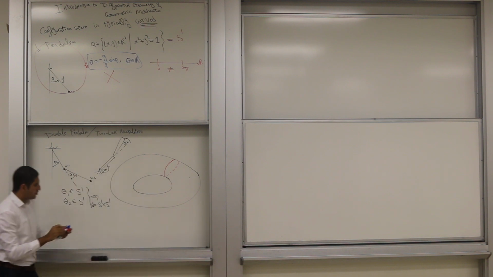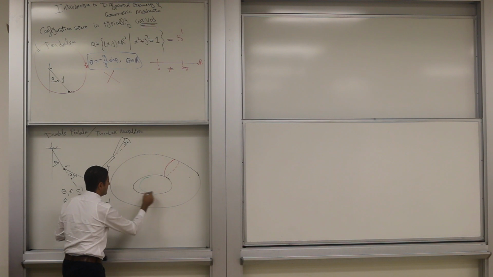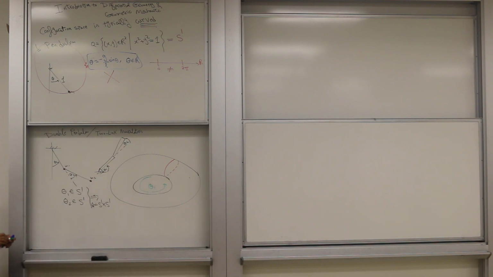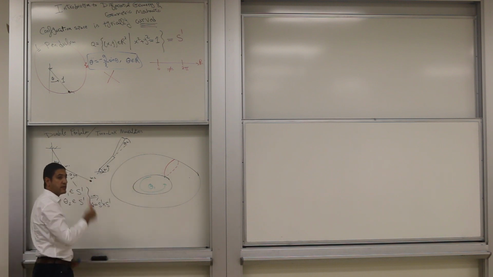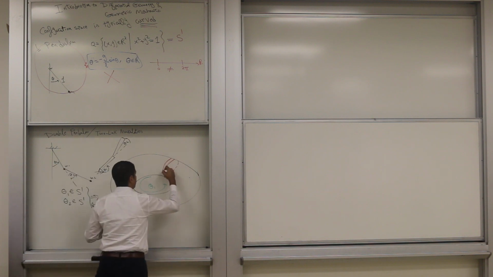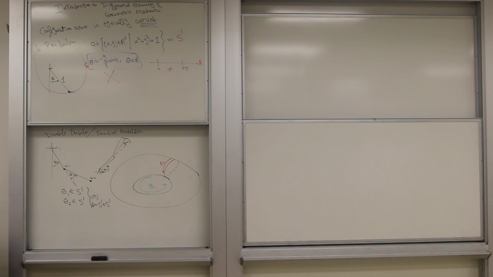It's a donut shape. Theta 1 varies along this inner circle, and at any particular value of theta 1, say this one, theta 2 varies along another circle, right? It's a donut shape which we call a torus. Any question about that? S1 cross S1.